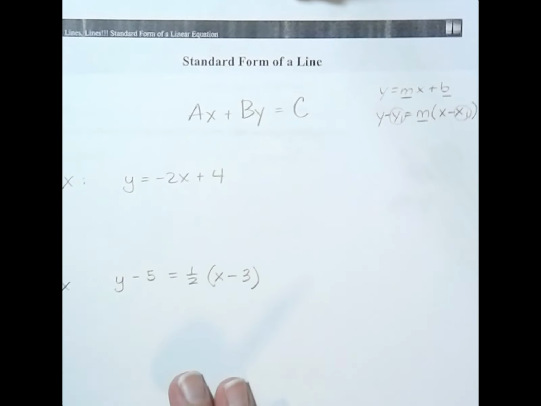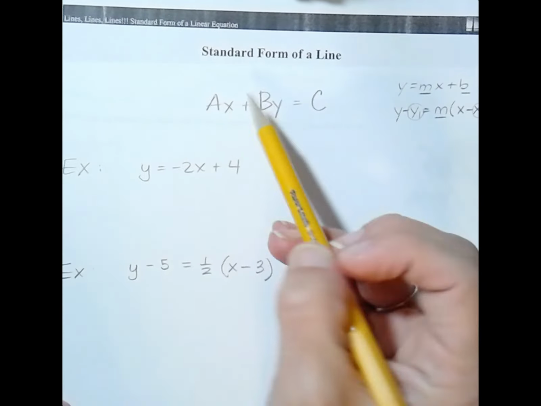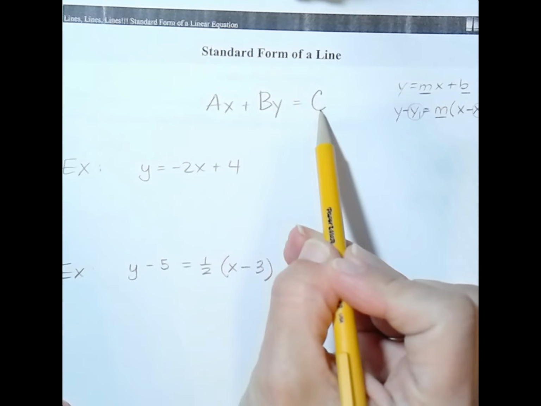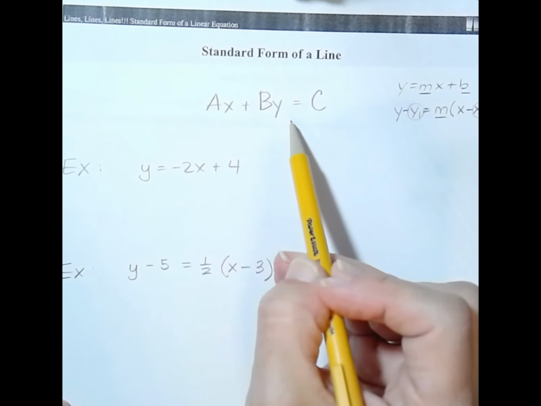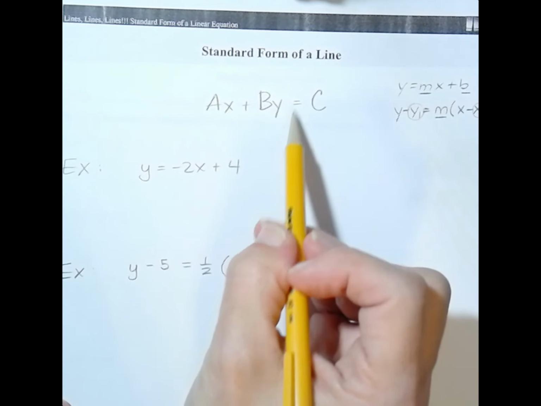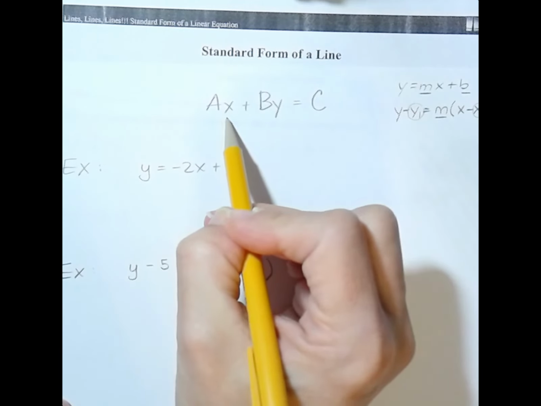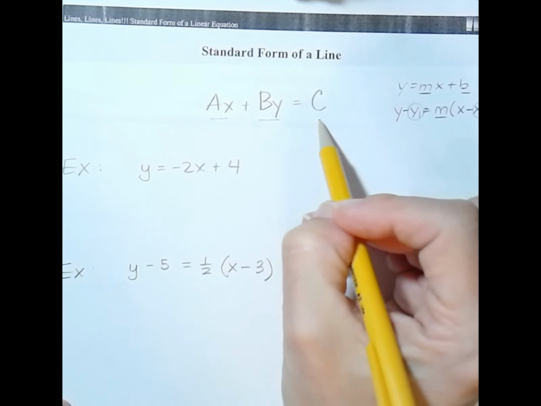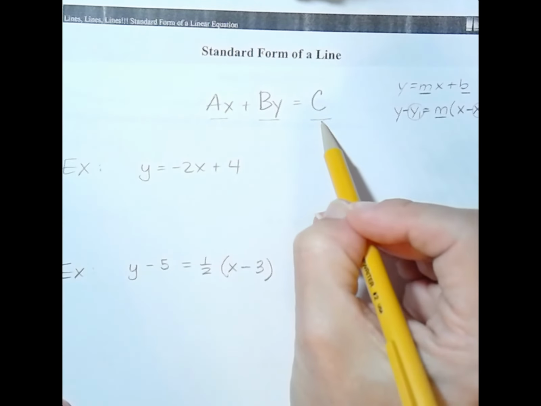The last form of a line that we want to work with is called standard form. Standard form looks like this: ax plus by equals c. You can see that we can't really see anything like a slope from it, but when you put an equation into standard form, you get the x term first, the y term second on the left side, and then your constant, the number that doesn't have a variable, on the right side.